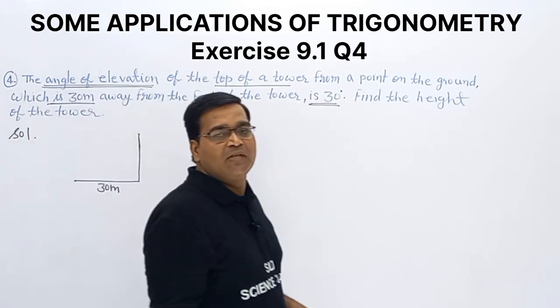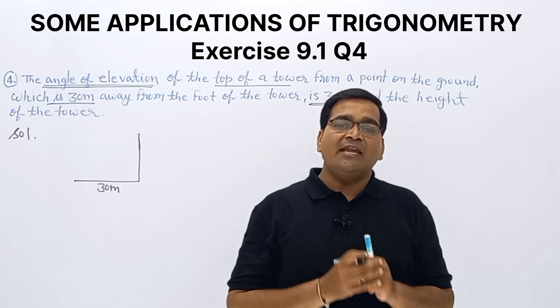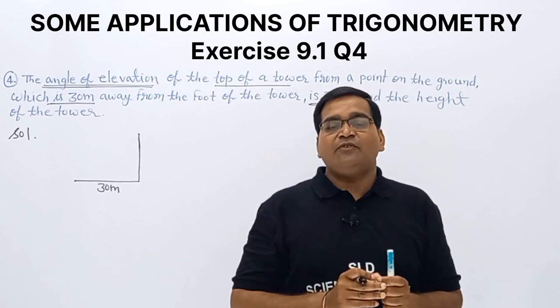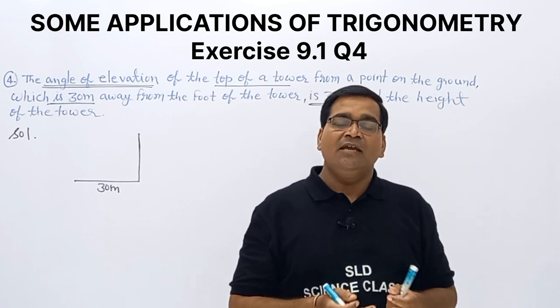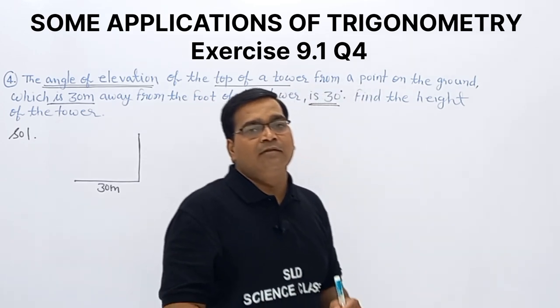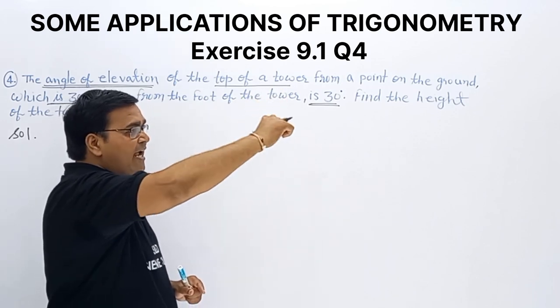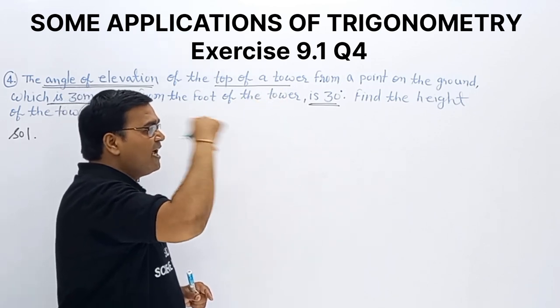What I am saying? Once we observe any object at the top place, we will raise our head, then the angle between our line of sight, this is a horizontal line of sight.